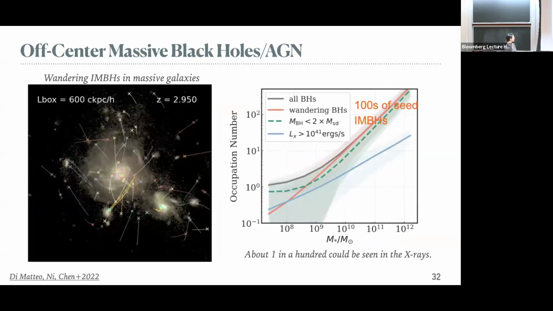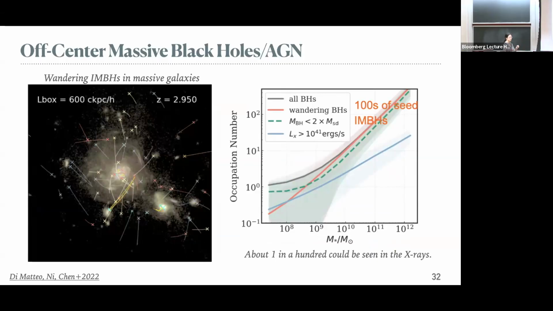And so if these black holes are wandering and they compose a significant fraction, we might want to understand if we have a chance to see them or not, or whether they can explain some of the hyperluminous X-ray sources. And so here we quantify the total number of these wandering black holes in massive galaxies and what fraction of them is bright in the X-rays.